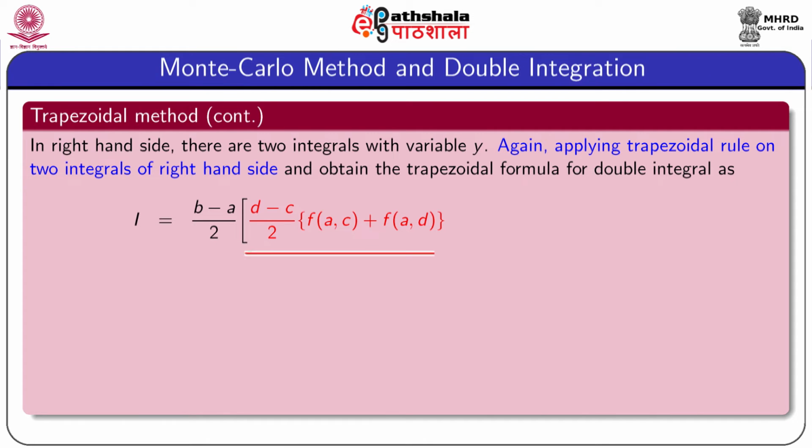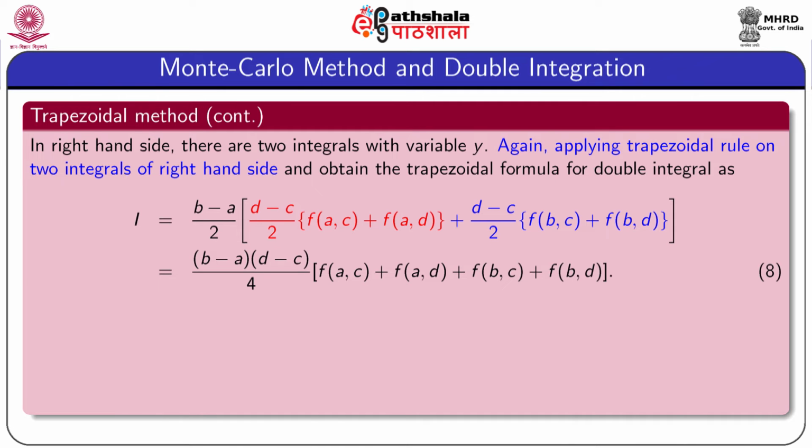This is nothing but d minus c by 2 into f of a comma c plus f of a comma d, and the second integral gives this expression. This is also obtained by trapezoidal method, and after simplification I reduces to equation 8, that means b minus a into d minus c by 4, f of a comma c plus f of a comma d plus f of b comma c plus f of b comma d.